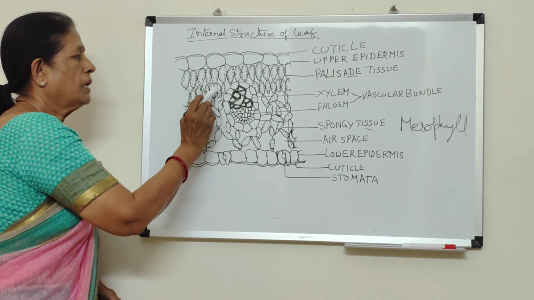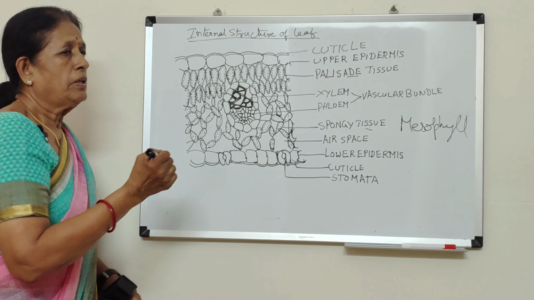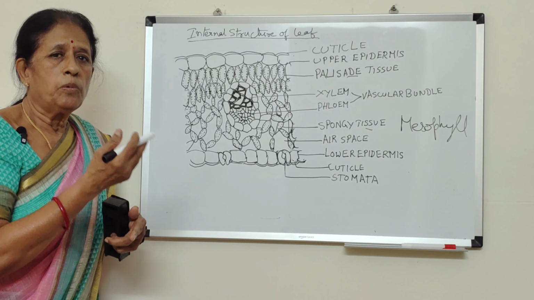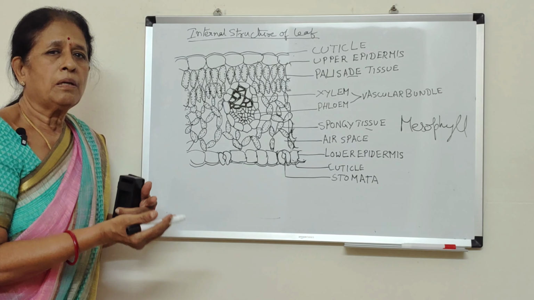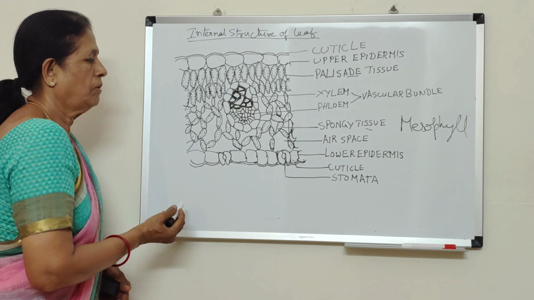More chloroplasts give more green color. So if we observe the leaf, the upper part contains more green color and the lower part less green color, because spongy parenchyma contains fewer chloroplasts.